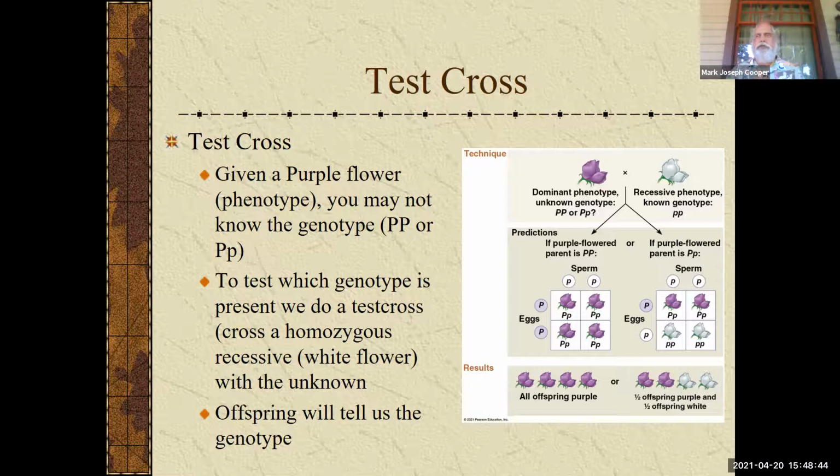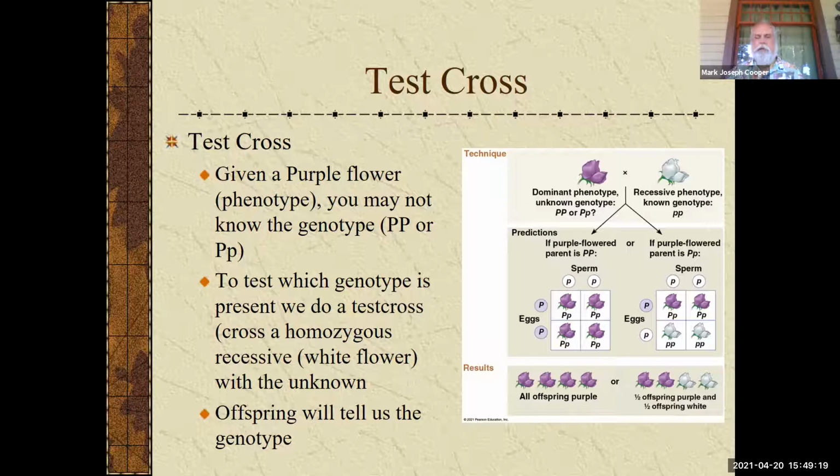But what you do is you take a homozygous recessive, somebody who is little p, or little whatever the letter you're using, and you cross that with an unknown. And then you have predictions. If you have a dominant, in this case purple flower, and you breed it with a homozygous recessive, if all the offspring come out purple, that means that it is probably large P, large P. It will be large P as long as you do a large enough sample.